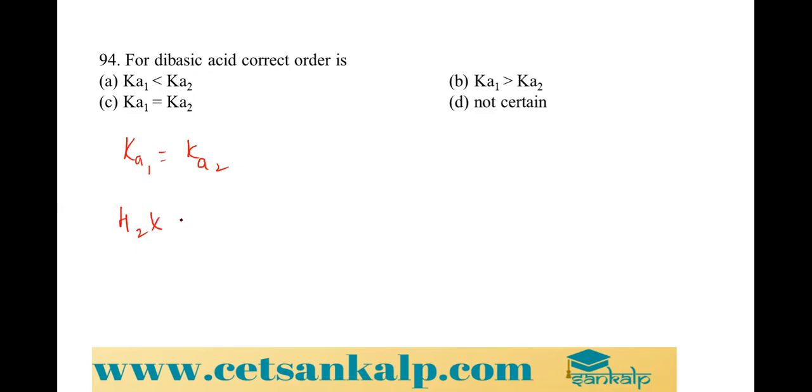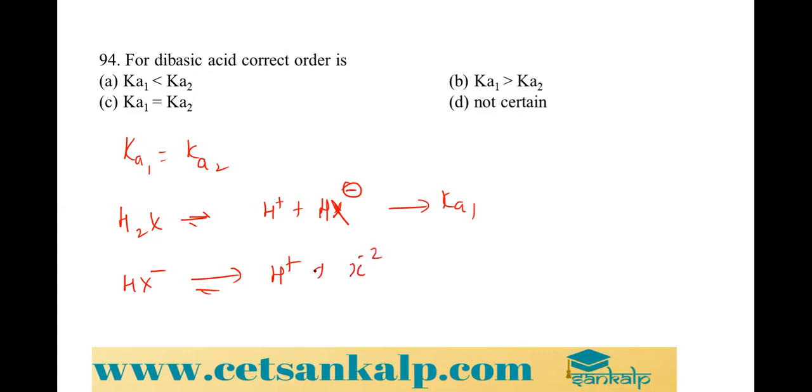So let's look at the first equation. H2X giving rise to H plus and HX minus. Let us take this one as Ka1, and in the same way HX minus giving rise to H plus and X to the power minus 2.